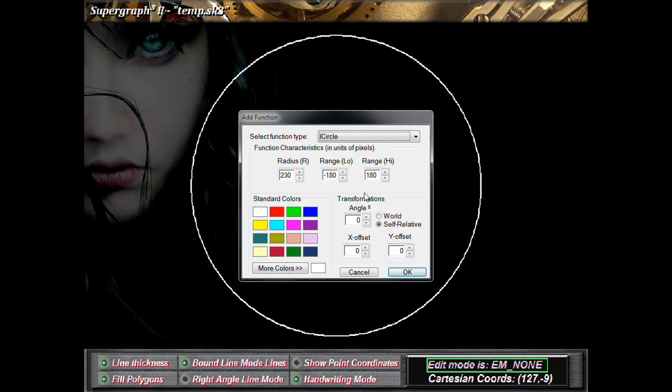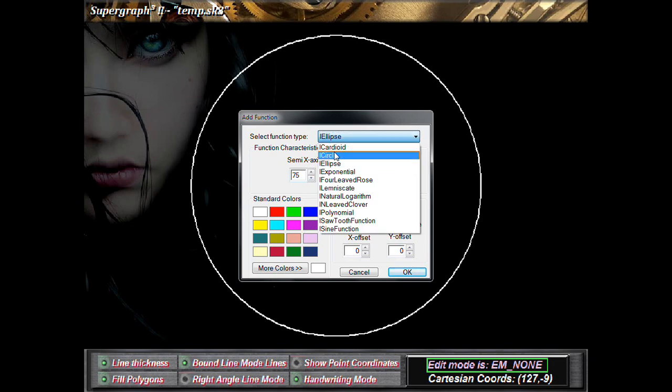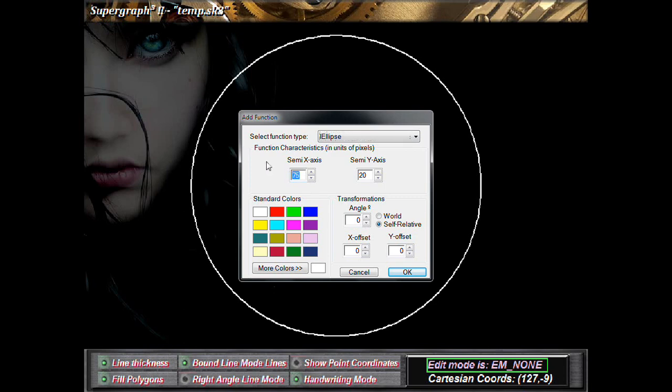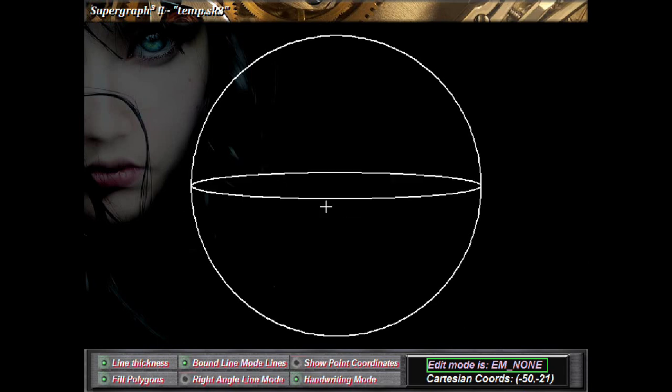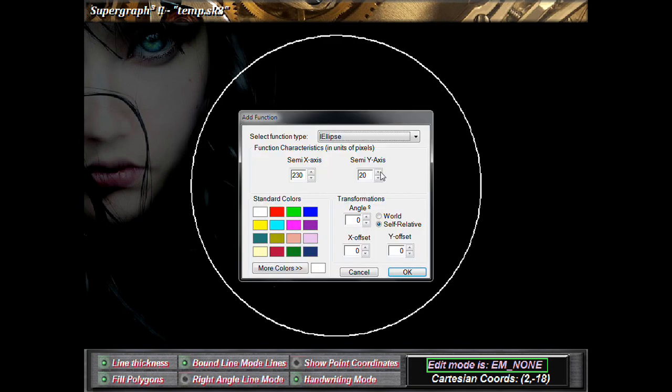Alright, ellipse. Just trying to draw the earth quickly. What did I say that was? 230. Just want to try and make it look as three-dimensional as possible.